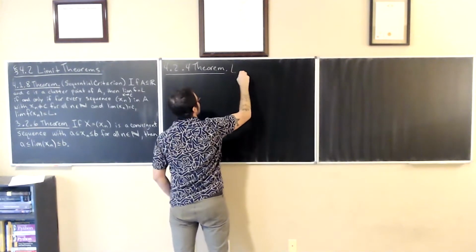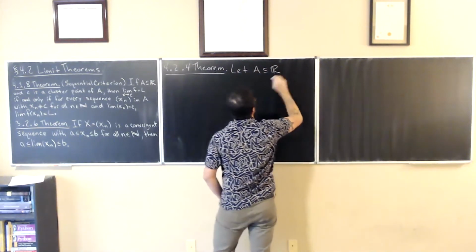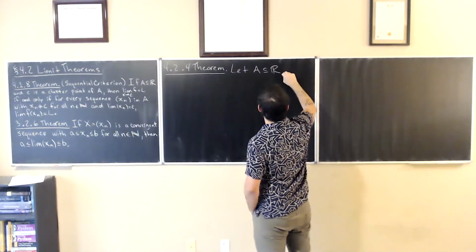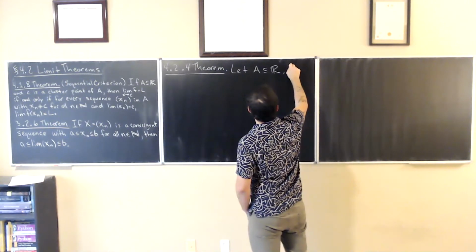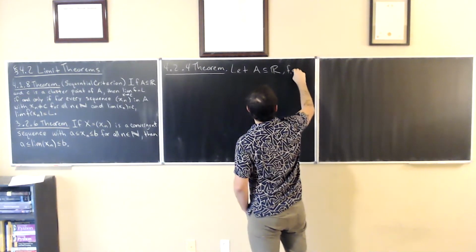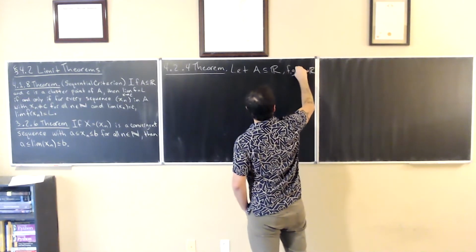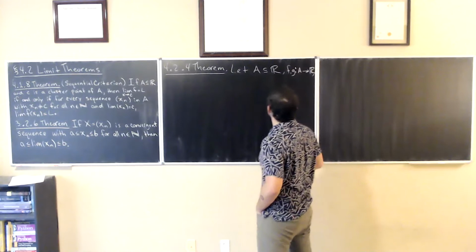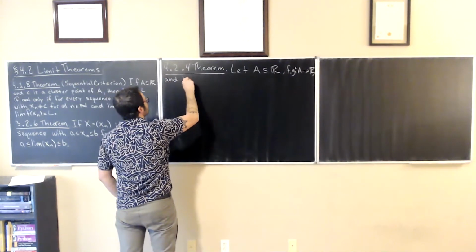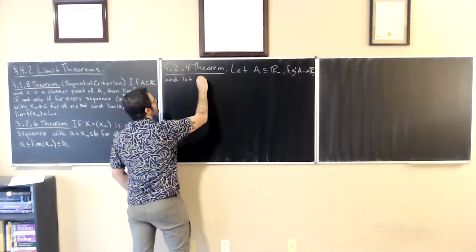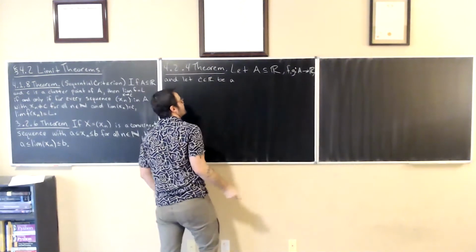So I'm going to say let A be some subset of the real numbers, and f and g are going to map A to R. So these are just 2 functions defined on A. And let c be a cluster point of A.